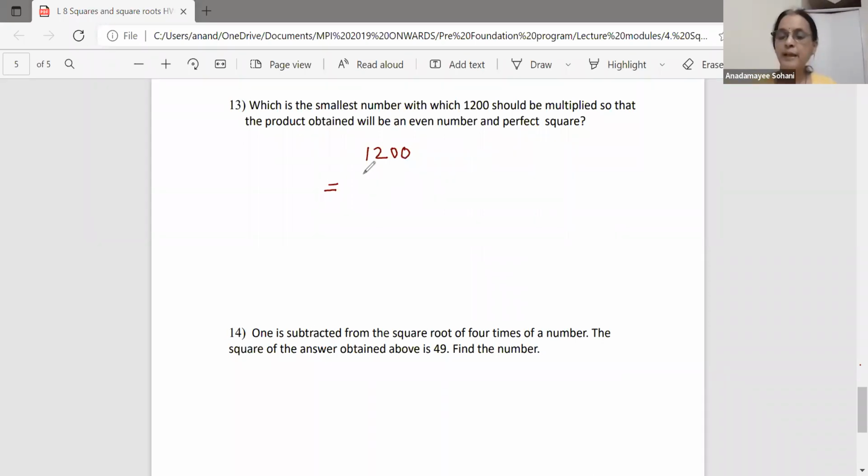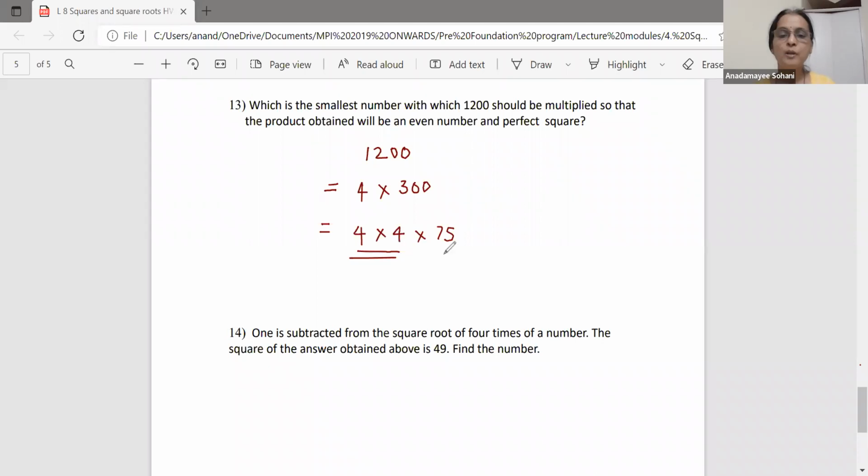So if I go for 1200, I will see that it is 4 into 300. That is 4 into 4. Again, 300 can be divisible by 4. And then into 75. So I got a pair for 4.